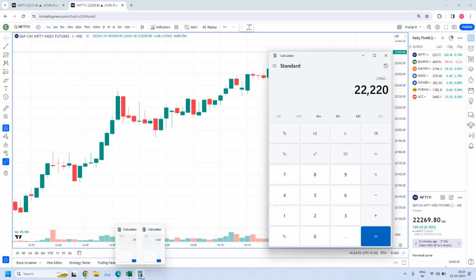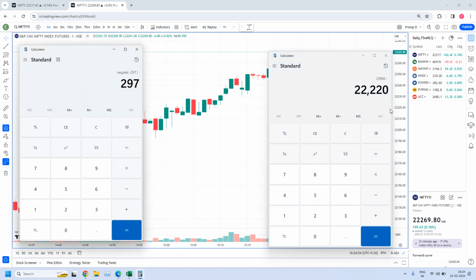Now compare both these calculators. What is the difference in value here? You got 260 plus or minus. So almost 40 rupees difference is there. Why this 40 rupees difference? Because of the volatility conditions in the market.